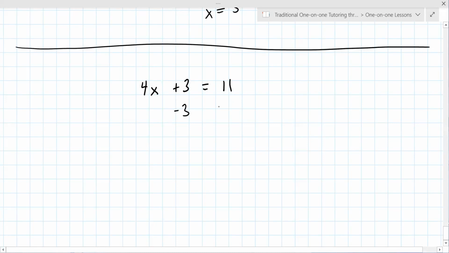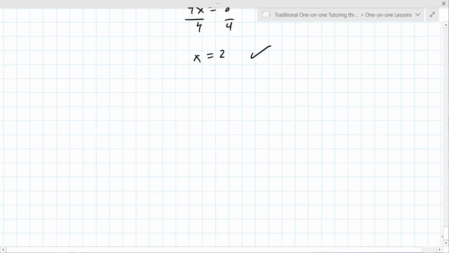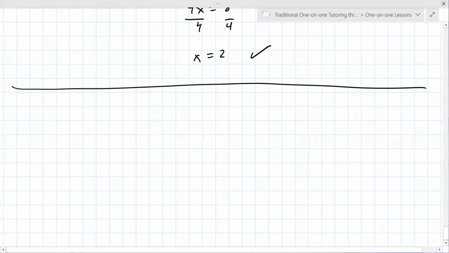Okay, so you subtract 3 from both sides. You get 4x equals 8. Divide by 4. So x equals 2. Yes. All right. Do you want to do another one? We're good.